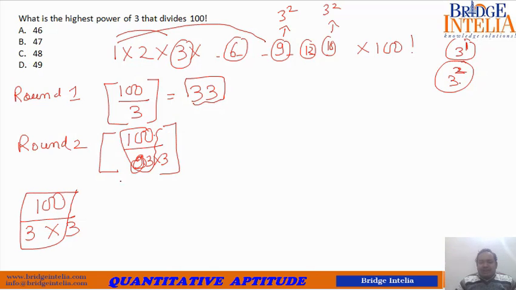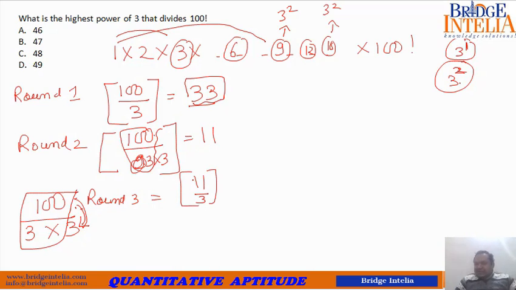We already have the answer for this part, 33. So now this is 33 divided by 3. So the next round you are going to collect 33 by 3, 11 more powers. Similarly, in round 3, 11 by 3 more powers will be available. So 11 by 3, ignore the decimal part.